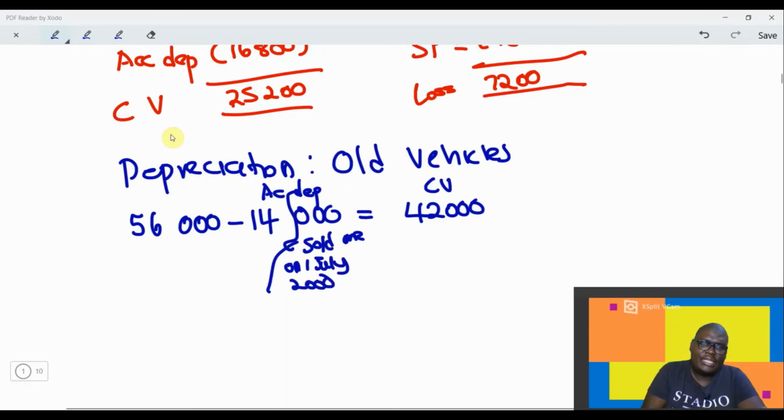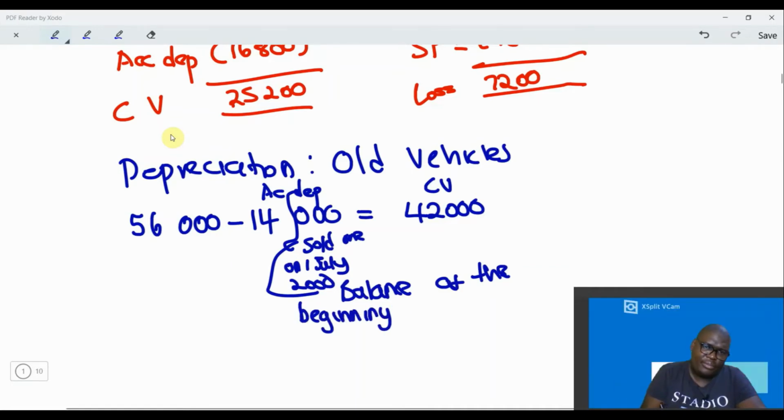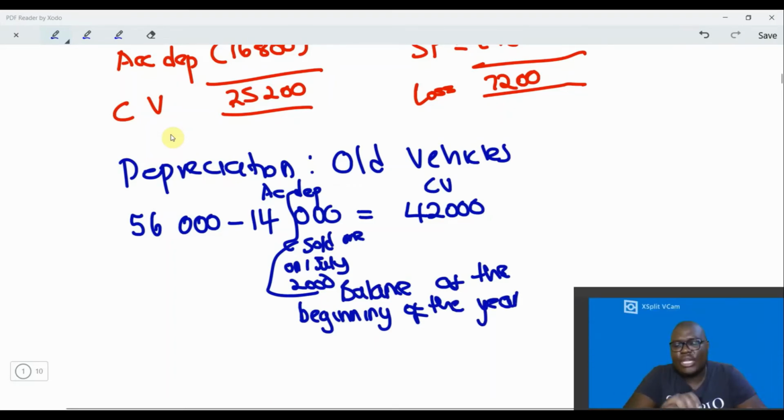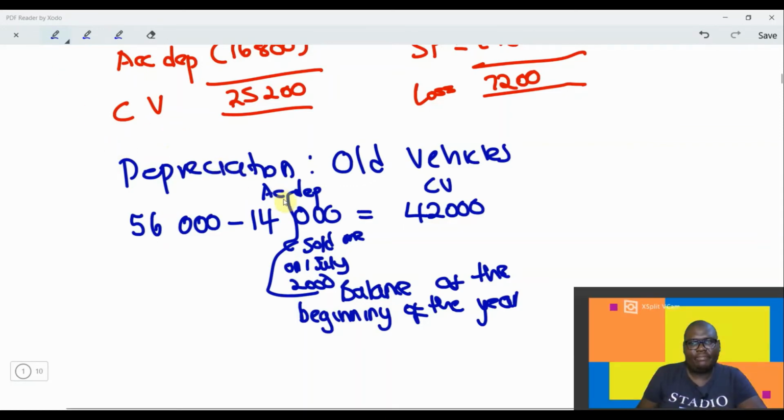So this is the balance at the beginning of the year. Hence we are subtracting it so that we can be left with the accumulated depreciation of only the vehicles that are remaining in the current financial year.